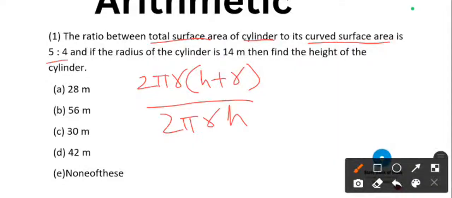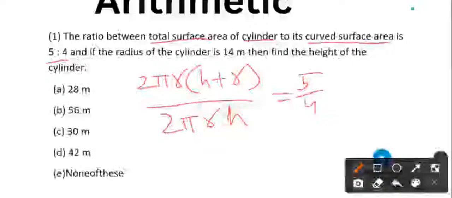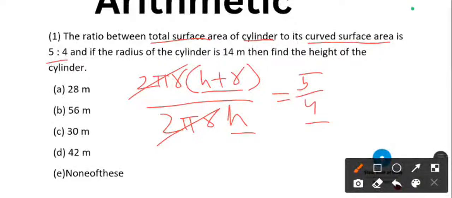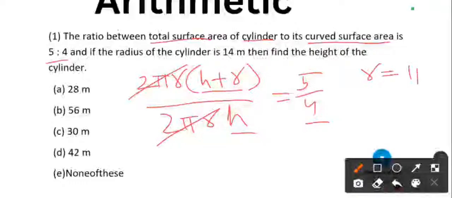The ratio given is 5:4. So cancelling these two, we have h value will be 4 parts, h plus r value will be 5 parts. So r will be 1 part, h will be 4 parts.